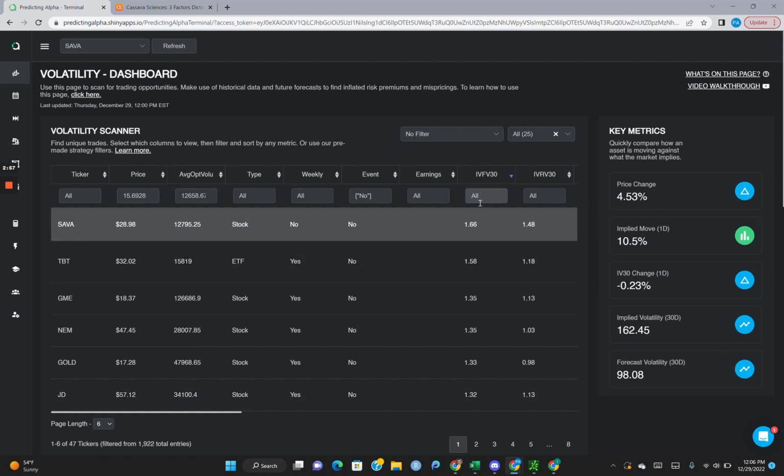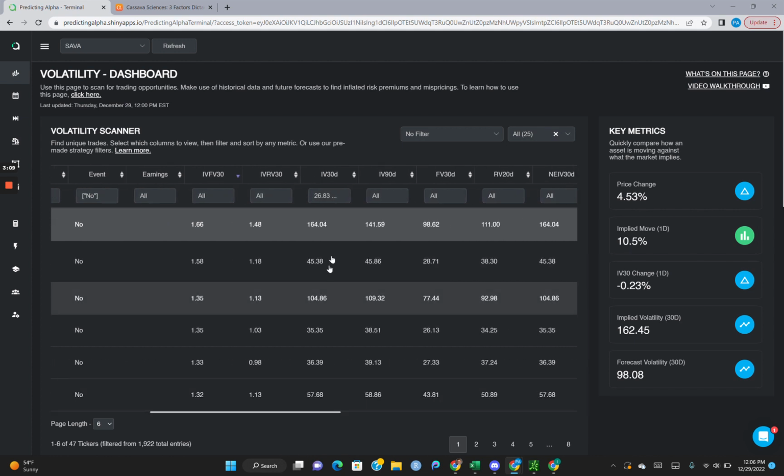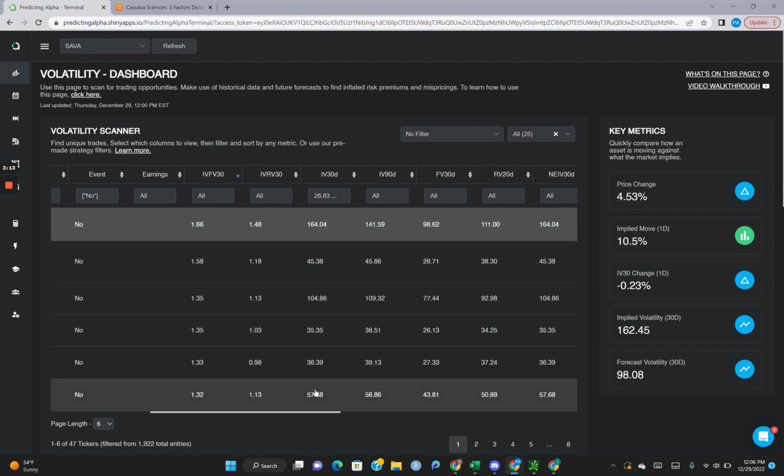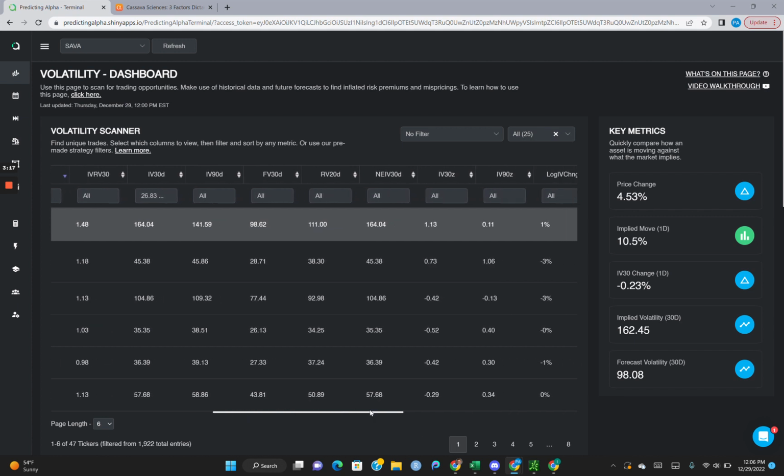Now, what we're gonna notice here right off the top is the IV 30 versus forecast volatility 30 of 1.66. So it's implying a lot more, 66% more than what we are forecasting. For example, this is currently implying 164% vol for the next 30 days, and we are only forecasting 98.5. So this is a huge difference, which is always great to see.